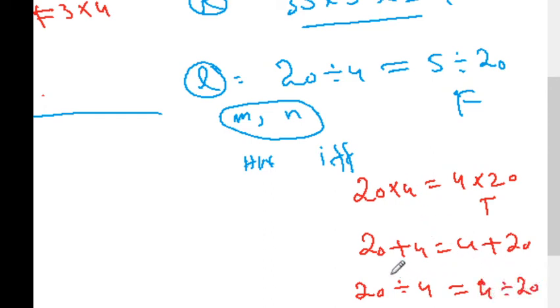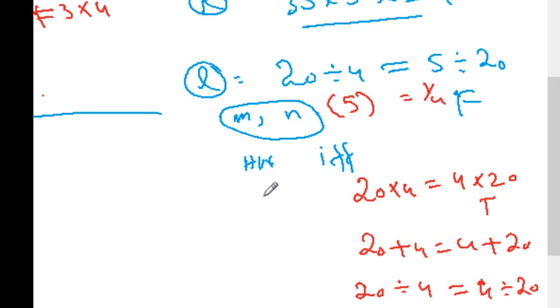This is giving us a result of 5 here, and here the result is 1 upon 4. So they both are not equal. They both are different things.